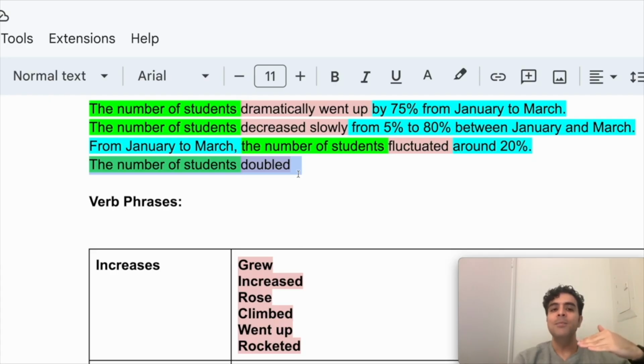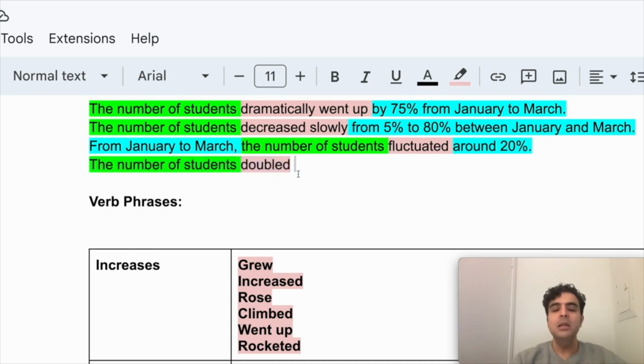And then we say, following this, the number of students doubled. It's obvious. If it was 20% and it doubled, it means it went up from 20% to 40%. So do I need to say the number of students doubled to 40%? Probably not, because it's understandable from the context, from what came before it.